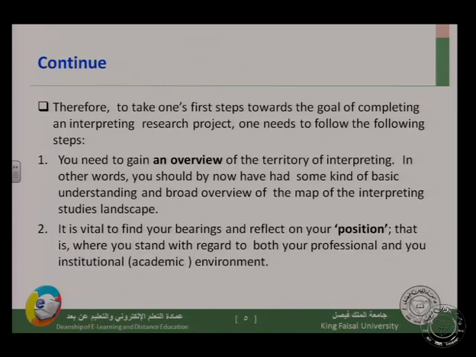I mean, you need to ask yourself, am I going to become an academic like me, or do you want to become a professional interpreter, like someone who works for companies, organizations, TV channels, or United Nations? So you need to say, okay, this is interpreting, but I'd like to become a professional interpreter. Then, all right, no problem. So you need to decide and reflect on your position.